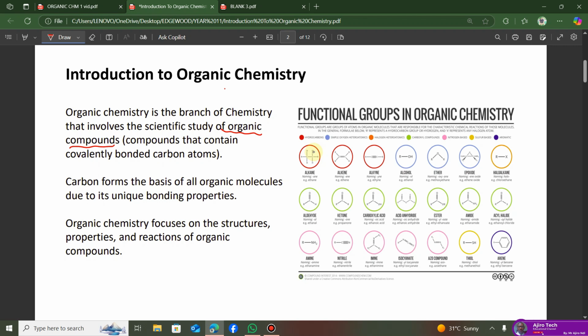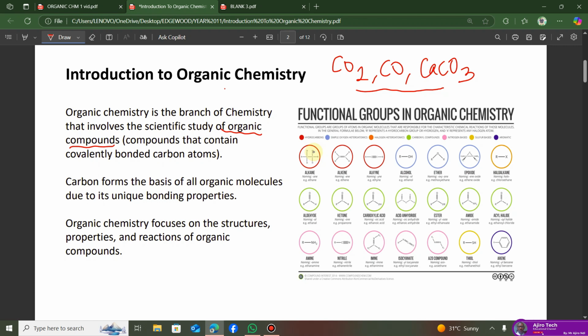But there are exceptions to some of the compounds that we call organic compounds. Not all carbon covalently bonded compounds are organic compounds. For example, carbon dioxide is not an organic compound. Carbon monoxide is not an organic compound. Calcium carbonate is not an organic compound. When we talk about organic compounds, we're talking about carbon covalently bonded with other atoms and the derivatives of carbon hydrogen compounds.